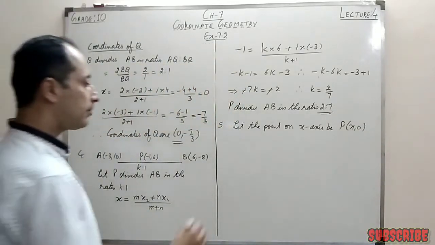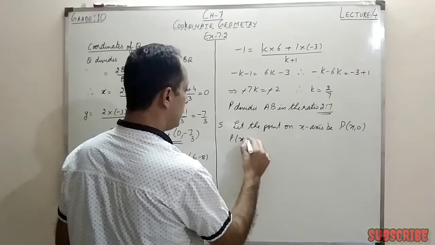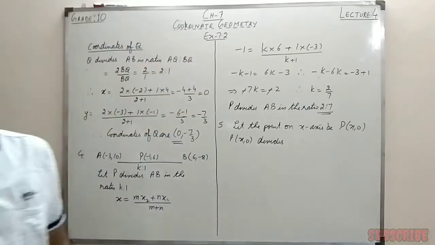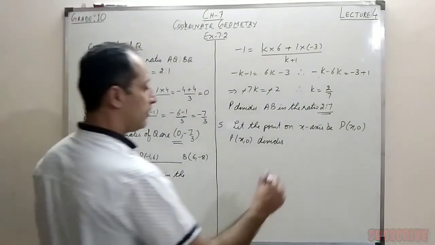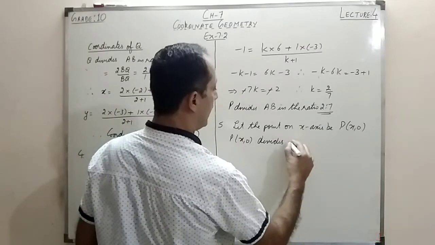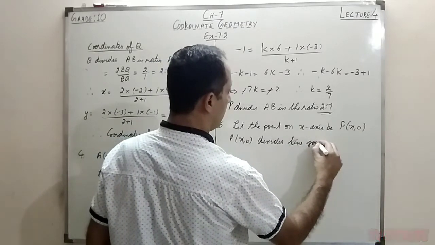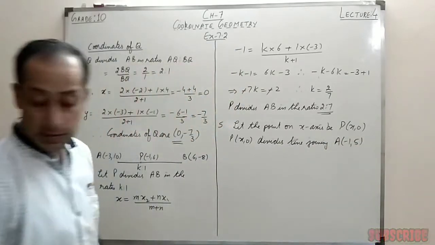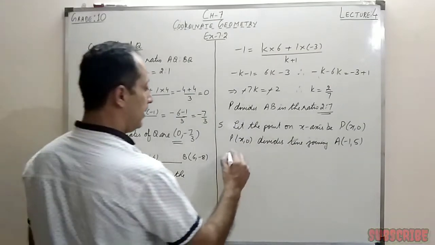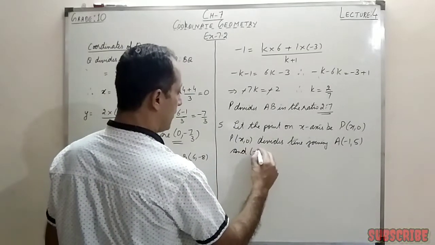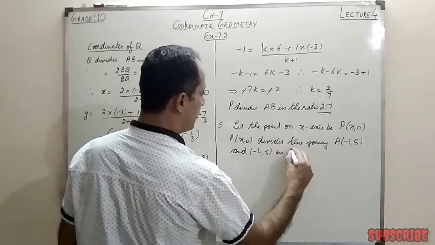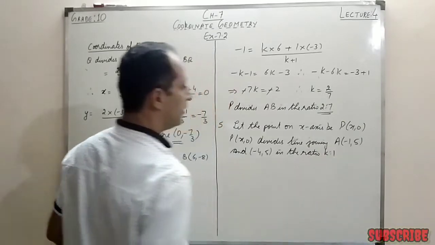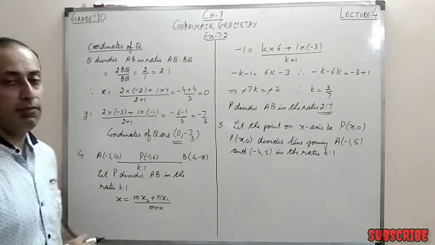And we say P(x, 0) divides the line joining A(1, minus 5) and B(minus 4, 5) in the ratio k is to 1.